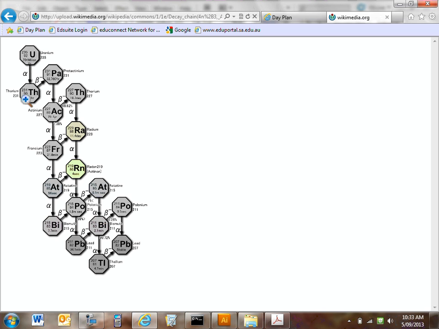So uranium doesn't just have one decay. That's an alpha decay there, and a beta minus decay there, and an alpha decay there, and a beta minus decay there, and an alpha decay, and then all of a sudden it becomes stable thorium. It doesn't work like that. Okay.